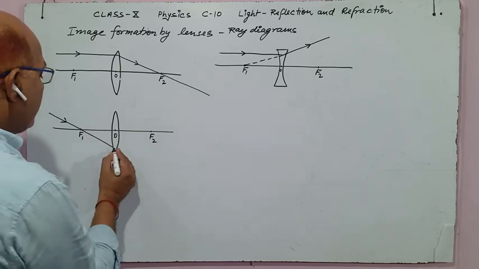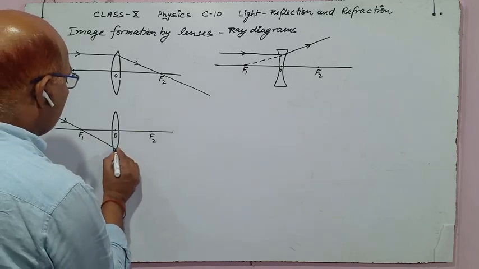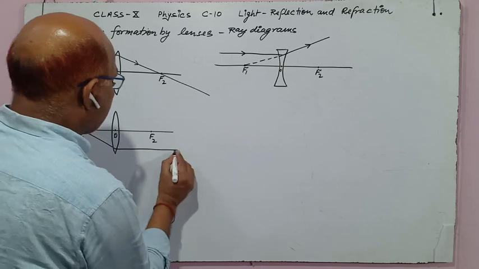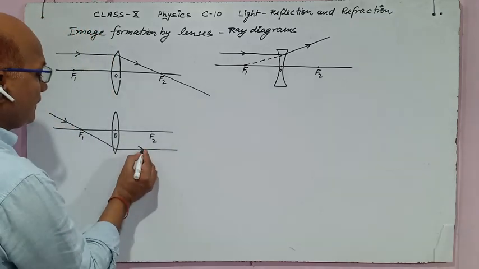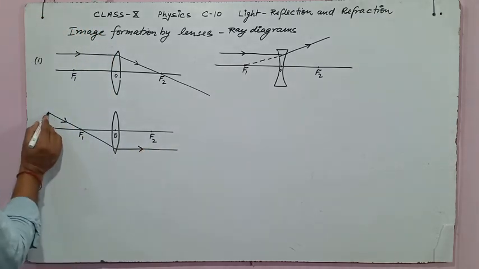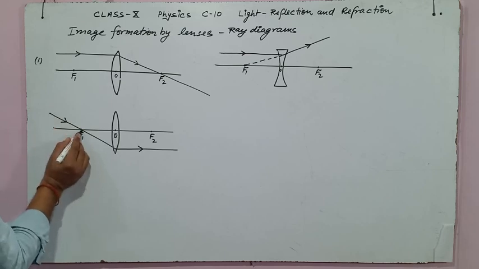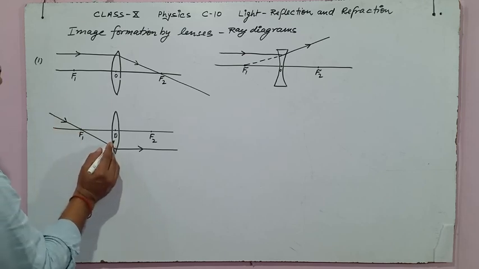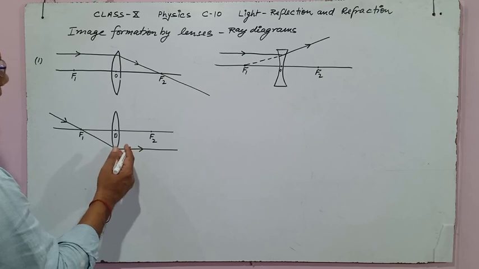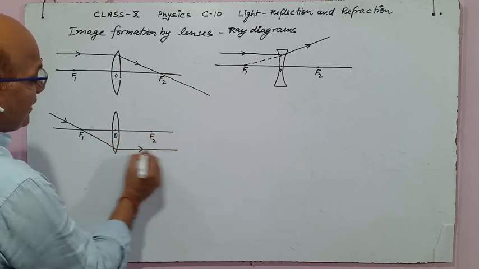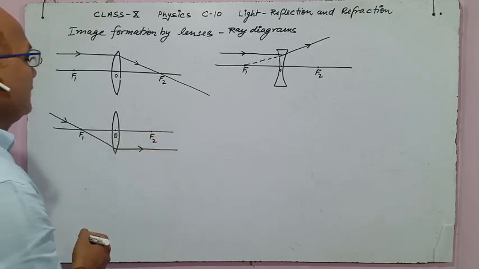After passing through the lens, it becomes parallel to the principal axis. So if a ray of light is passing through principal focus, then after passing through the lens on the other side, it becomes parallel to the principal axis.